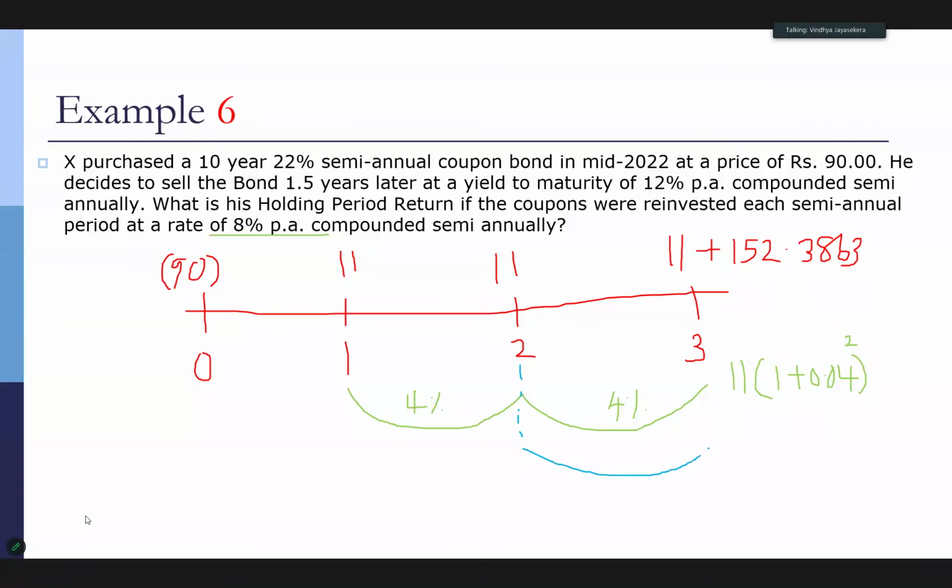How much will this be worth at the end of the period? 11 rupees compounded at 4% once. Then you have another 11 rupees, which is not compounded because it is at the end of the period. And then you have 152 rupees. So what are your cash flows at the end of the period now?